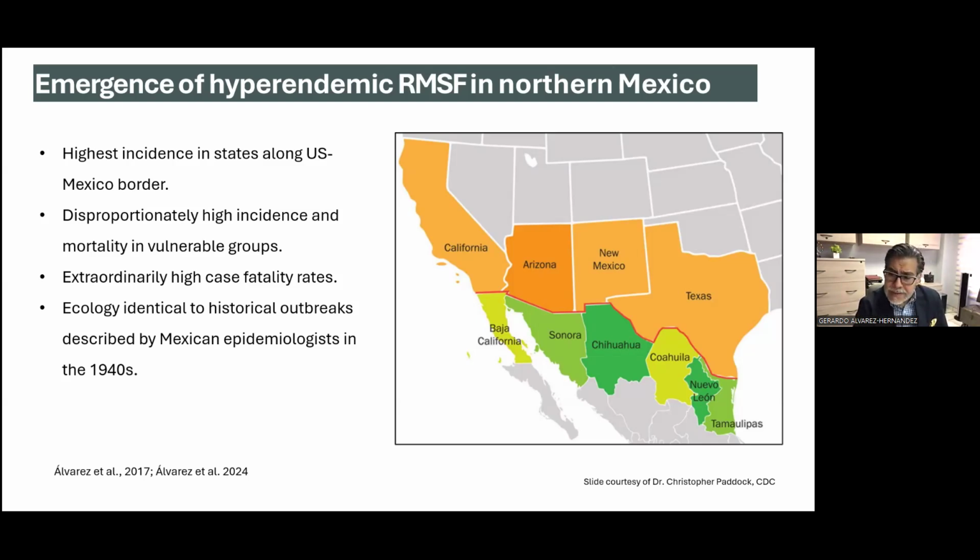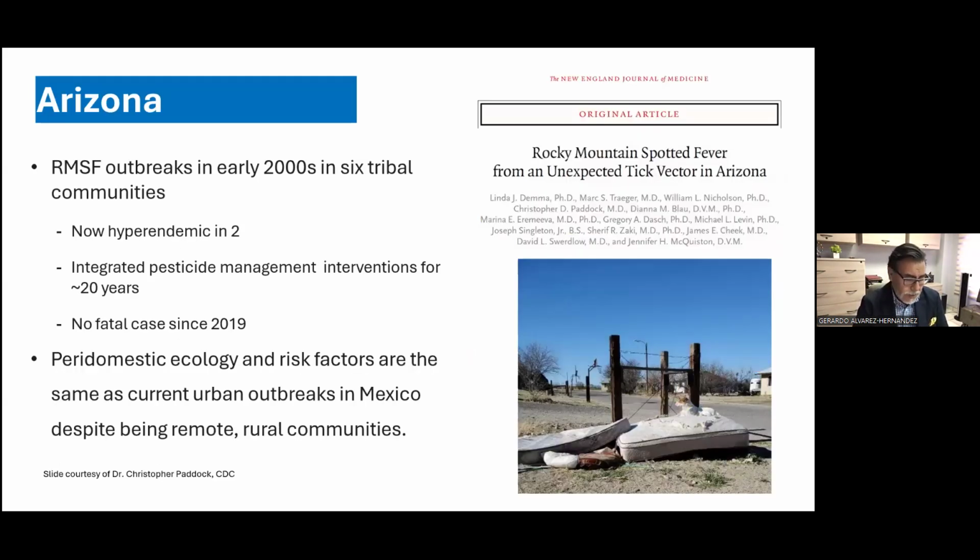A very similar pattern of the disease has been observed since the early 2000s in some rural communities of Arizona, where peridomestic ecology and risk factors are the same or quite similar to what has been observed in the current urban outbreaks occurring in Mexico.